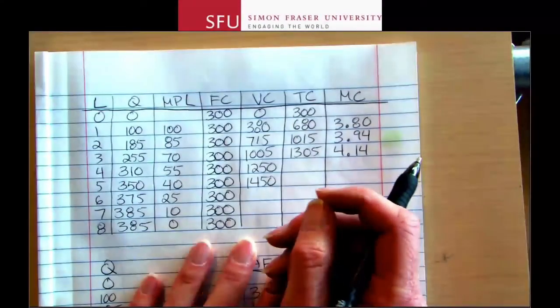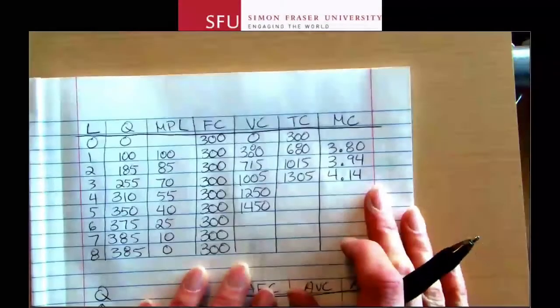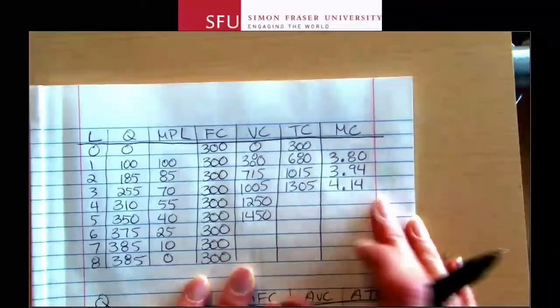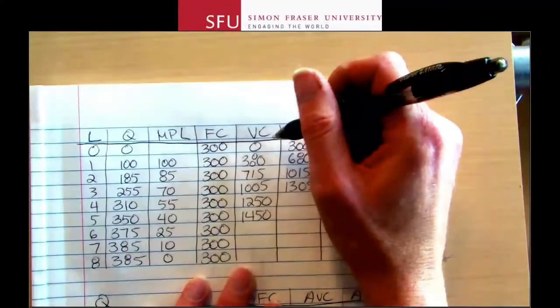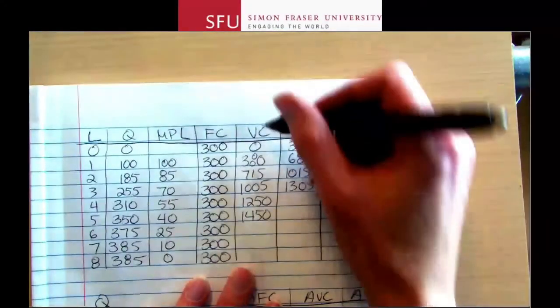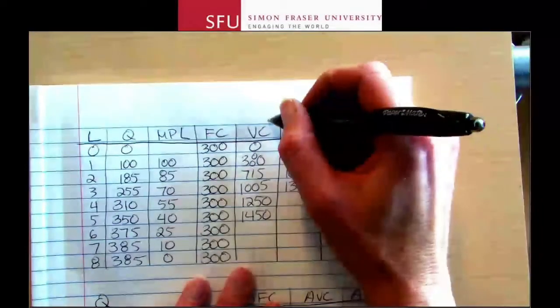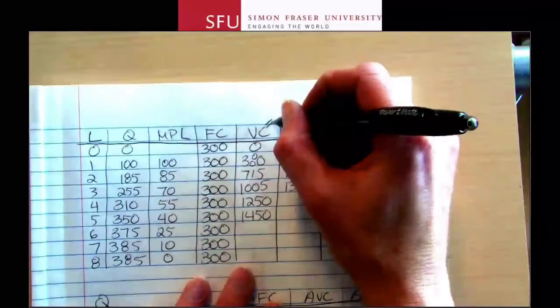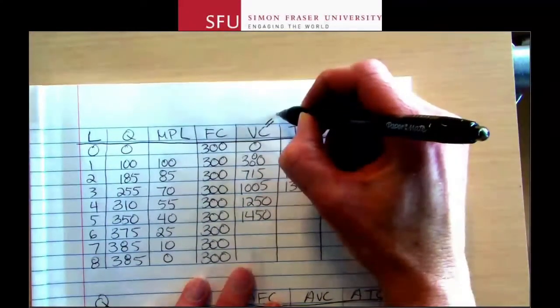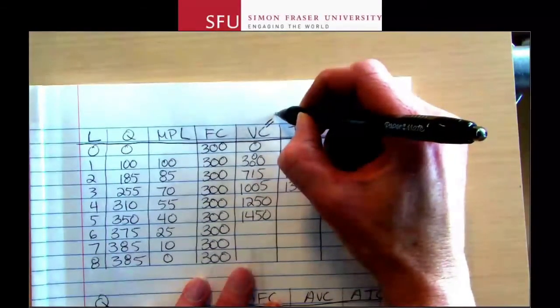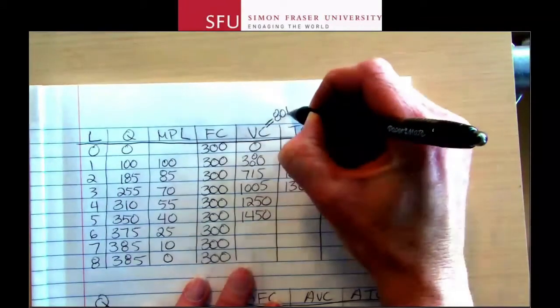All right. Now the variable cost is for the wages and for the ingredients. I've got part of this one filled in already for you, but for the variable cost, what you would do is multiply the wage of 80 times L, right?